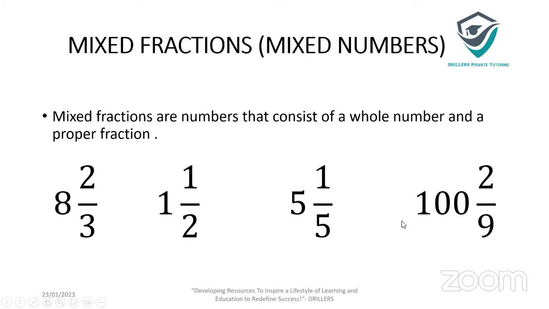You're going to have this whole number, or natural number, to the side, and then your fraction piece. So a mixed number is made up of two pieces: the whole number portion and the fraction part.